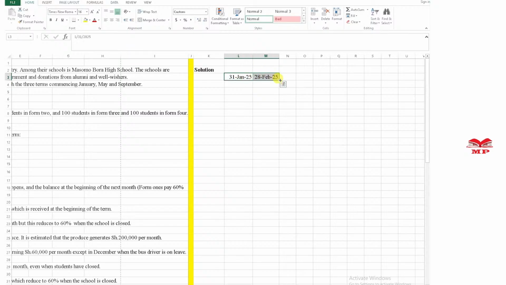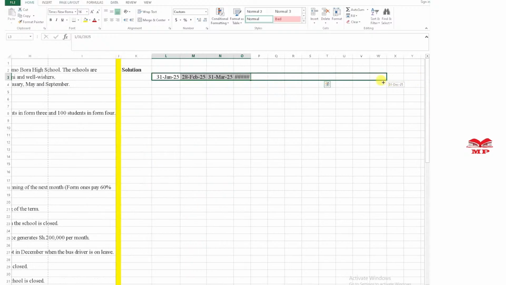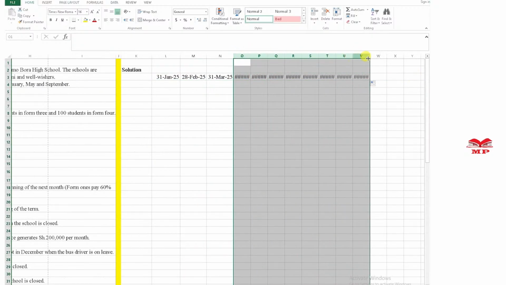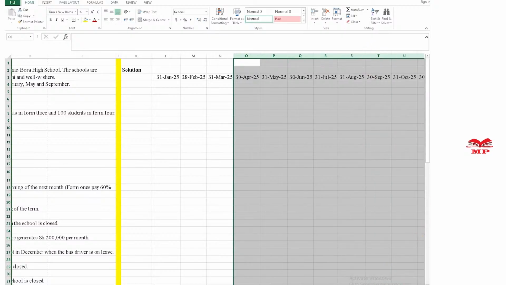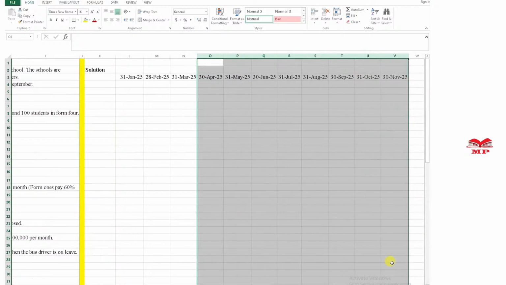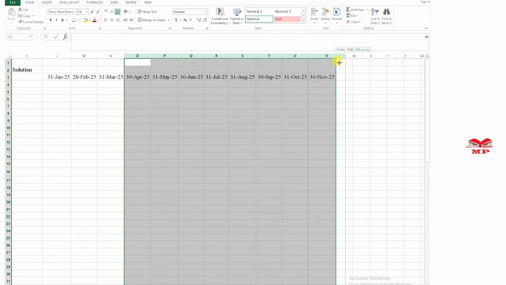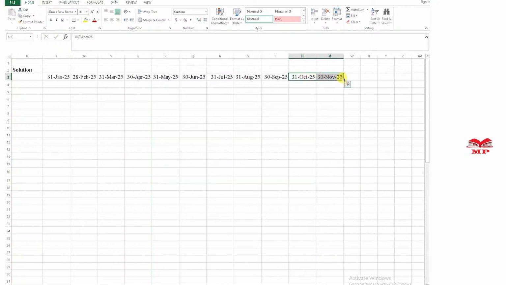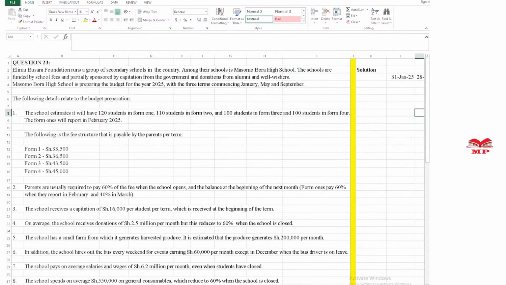You're just picking the end of the months. So it's not 31st March, and it's picking now the way I wanted it to pick. So I want to go all the way to December. When I highlight like that and expand it, that's the first 2025.